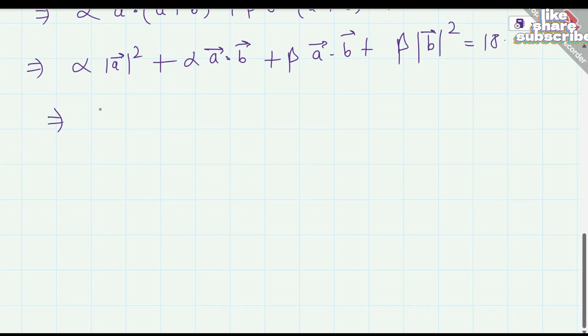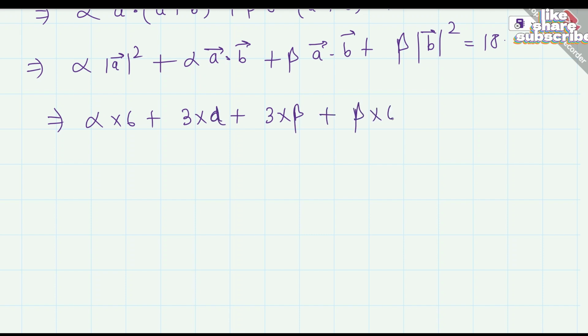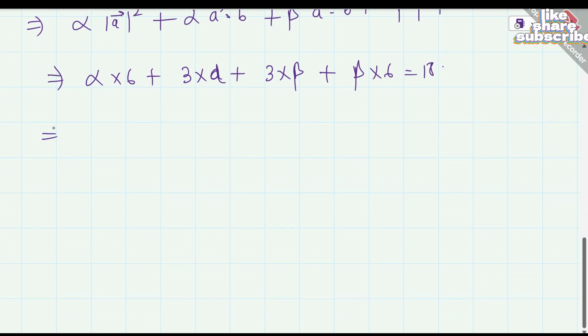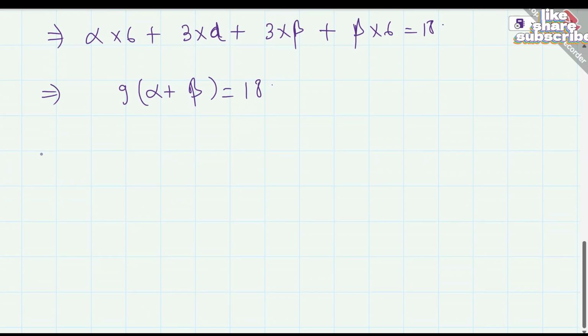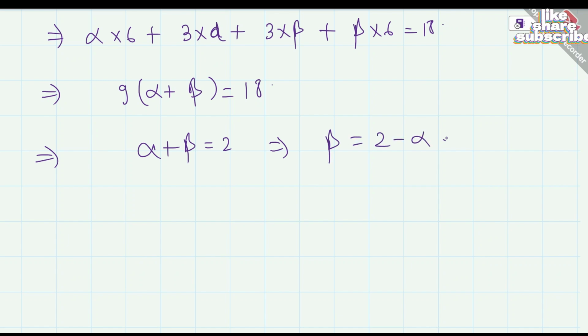So this is 6 alpha plus 3 alpha plus 3 beta plus 6 beta is equal to 18. Now we have 9 times alpha plus beta is equal to 18. So this implies that alpha plus beta is equal to 2, and therefore beta is equal to 2 minus alpha.